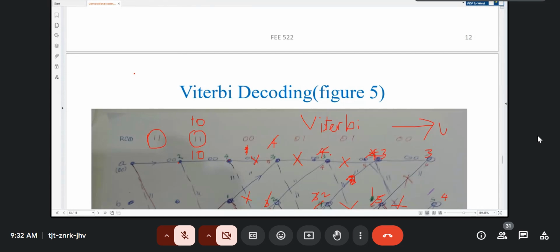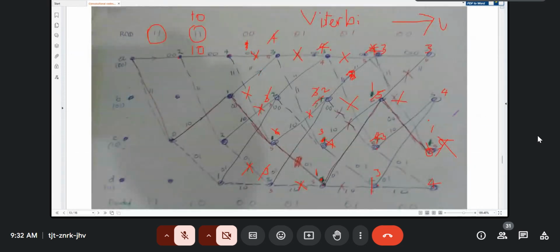So you end up again starting from the lowest metric among these ones, and then you trace backwards, following the paths and branches which are not eliminated.